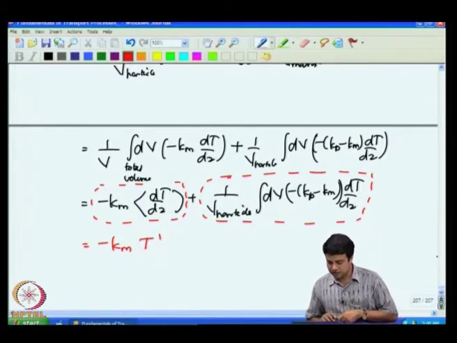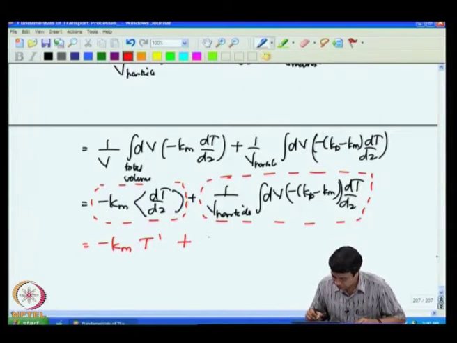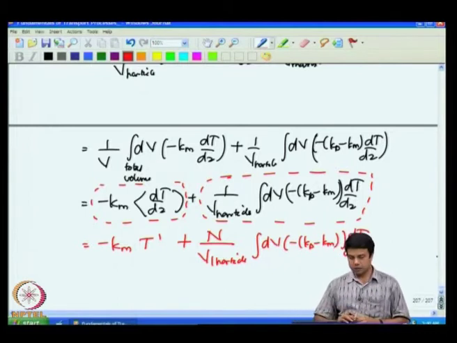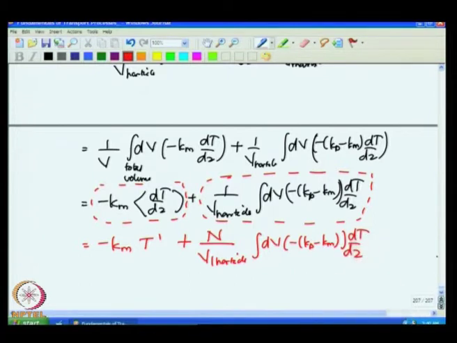So, as far as this term is concerned, I can write this as number of particles divided by the volume of one particle, integral dV of minus of Kp minus Km dT by dz. So, this is equal to the total number of particles divided by the volume of one particle. This is basically the number of particles per unit volume times dT by dz.